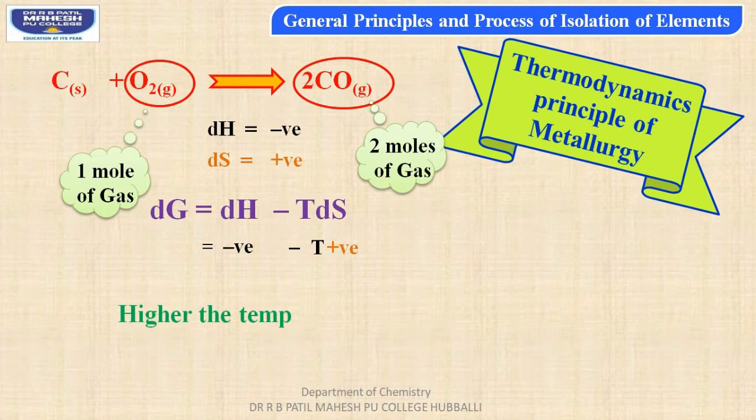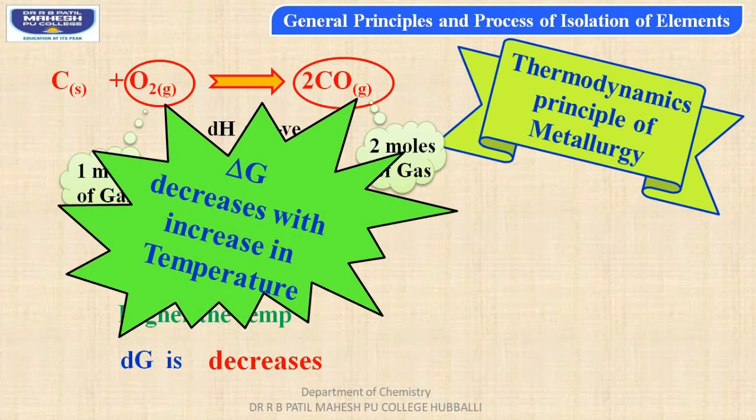Thus we can conclude that at a higher temperature, change in Gibbs free energy would decrease. Thus students, the delta G value decreases with increase in temperature for the given equation.